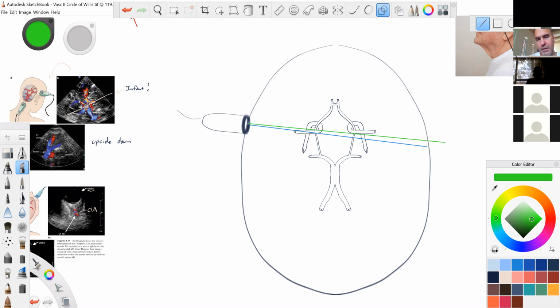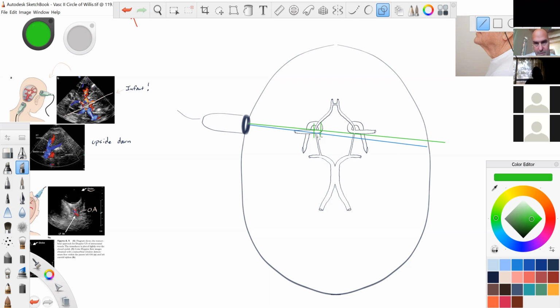So if we come in and set our gate here, and by the way, the gate is set fairly large. That little SV button on our machine, we open that up a little bit. Because we open it up, we'll never see laminar flow, even if it does exist. You're not going to see it because you will have the entire vessel inside of that gate from wall to center to wall, and so you'll never see laminar flow.